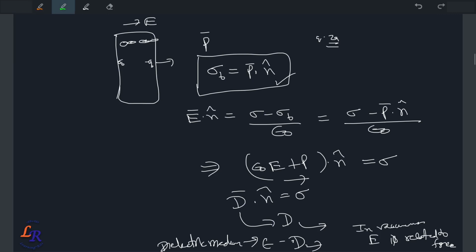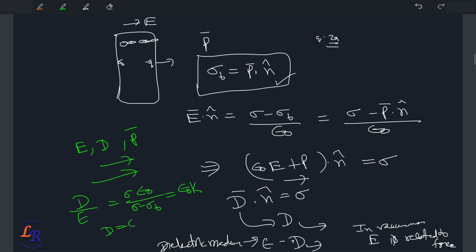Also, one important point to note is that the direction of the electric field, the displacement vector and the polarization are all the same, all parallel to each other. And also, you take a divide by sigma epsilon 0, just as we saw, and divided by sigma minus sigma b, right? And here this factor comes, epsilon 0 K, so you can write D is equal to epsilon 0 K E. Or you just replace: D is equal to epsilon 0 E plus P, again, right?